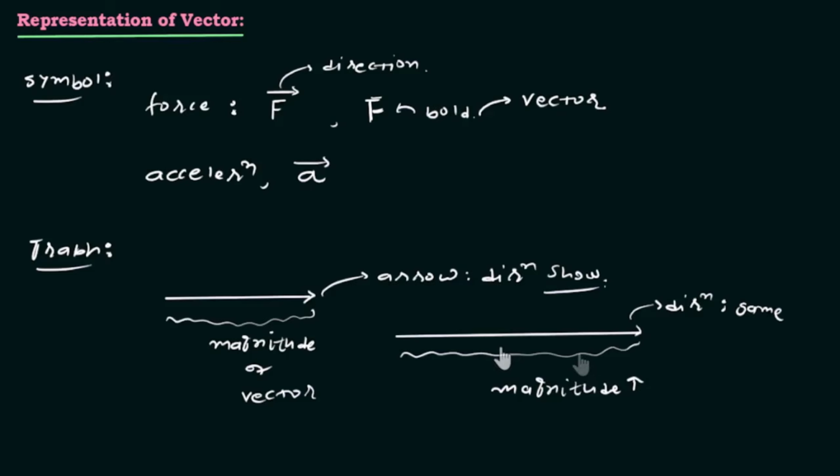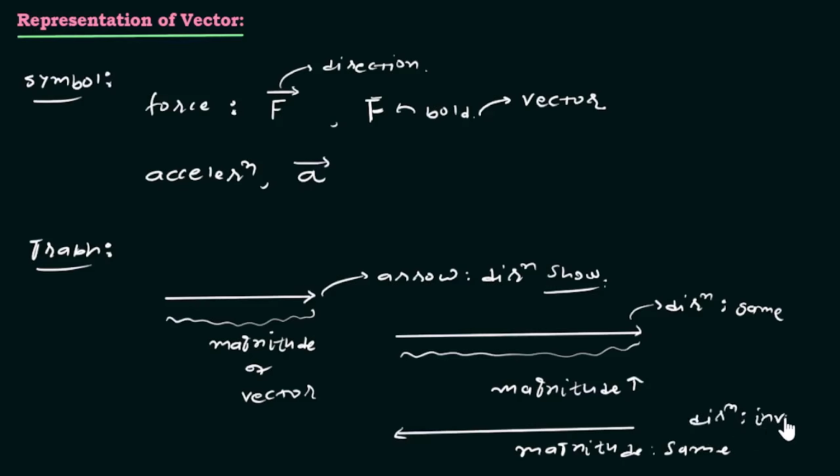Now if its direction is inverted like this, the magnitude is the same, but the direction is now inverted. So this is how we can represent a vector using the graphical method.